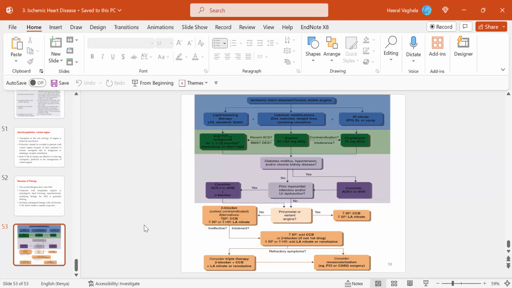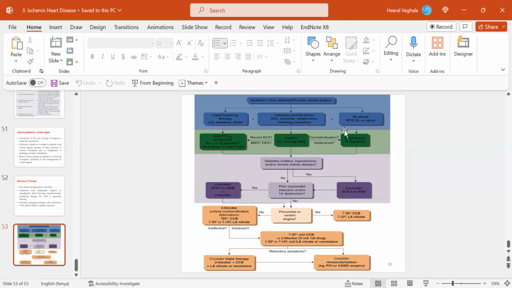Because cholesterol is the one that's worsening the symptoms of this ischemic heart disease, because LDL is the one that's causing this atherosclerotic plaque. That's the first one. Plus, you have to do lifestyle modifications, and in case of this angina, you give nitroglycerin, either sublingual or like over here, there's a spray.